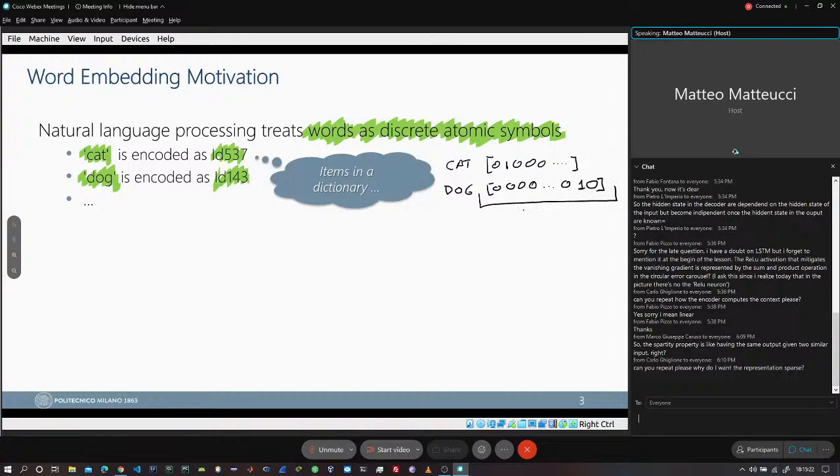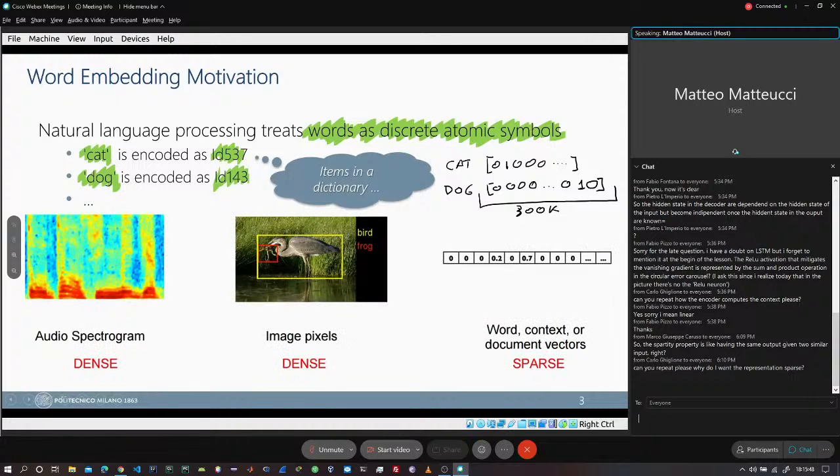Because a typical dictionary can be, I don't know, 300,000 words. I mean, it is even a small dictionary. So basically, to represent one symbol, you need a vector of 300,000 numbers, out of which only one is different from 0.